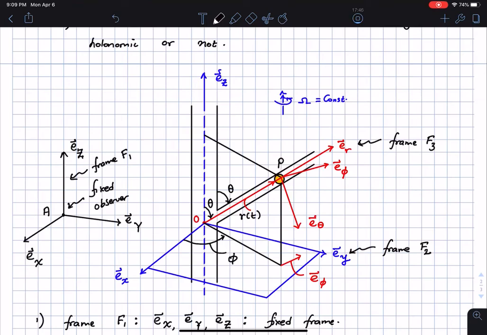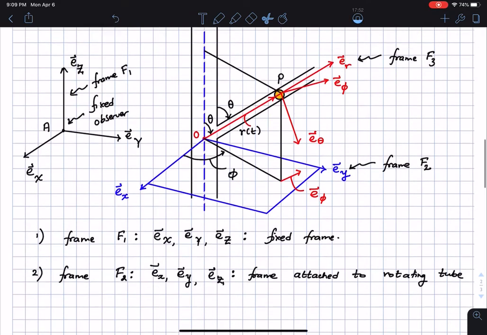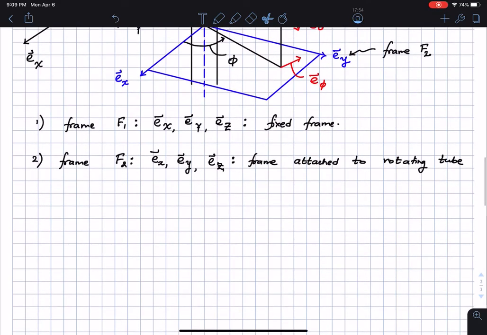So that rotation is omega here, as you can see. You can say that omega of frame 2 relative to frame 1 is going to be omega in the Z direction.